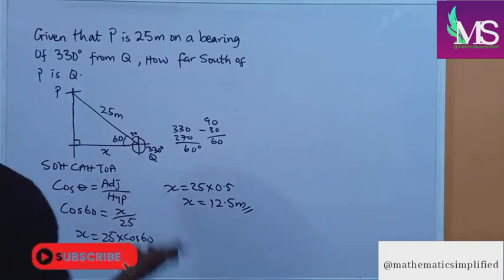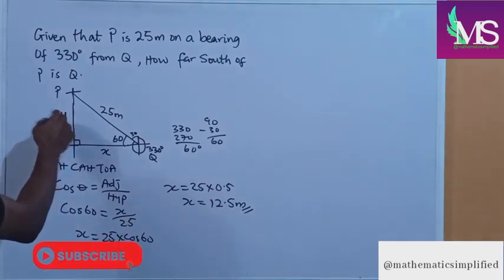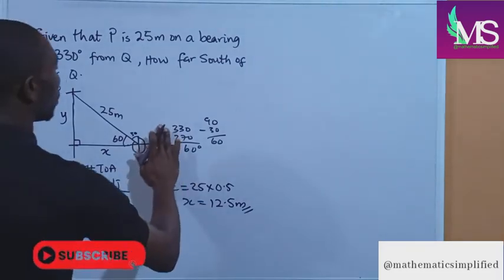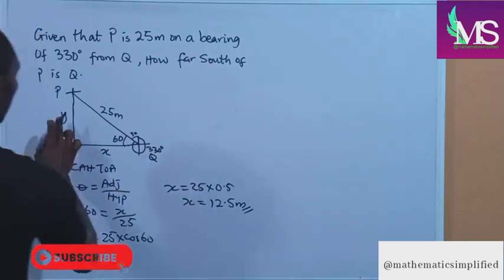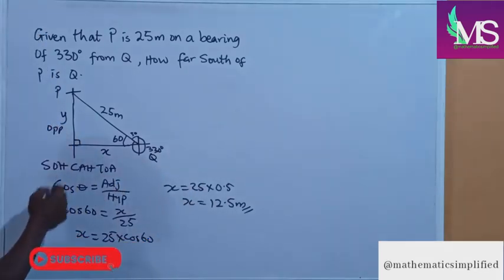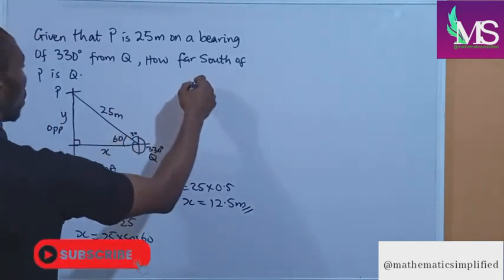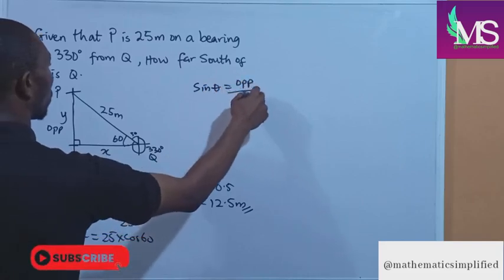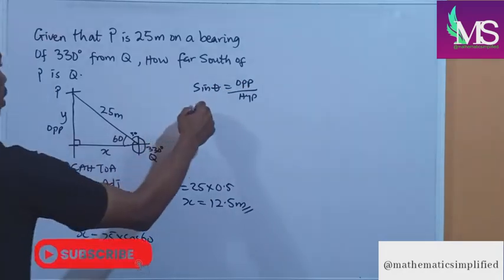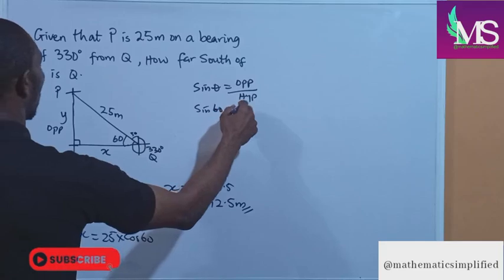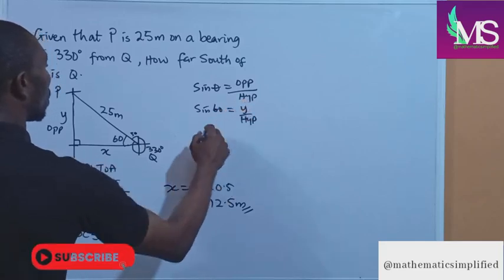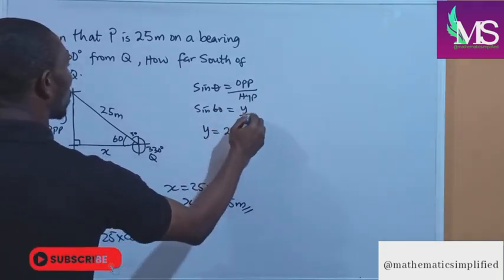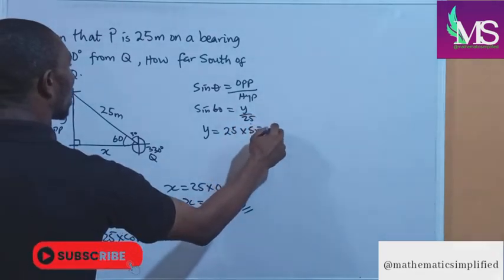So peradventure, we are also to calculate this. Let's call this y. We have to calculate this, okay? This is opposite, alright? So opposite over hypotenuse will become sine theta equals opposite over hypotenuse. Alright, so from here we're having it as sine 60 equals opposite is y over hypotenuse. So this becomes y equals 25, which is our hypotenuse, times sine 60.